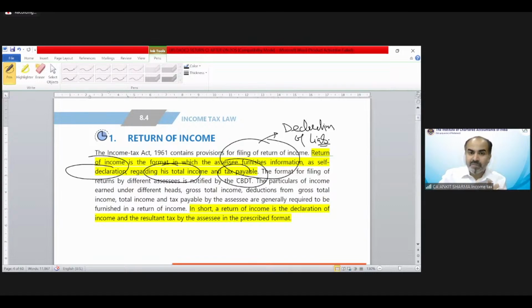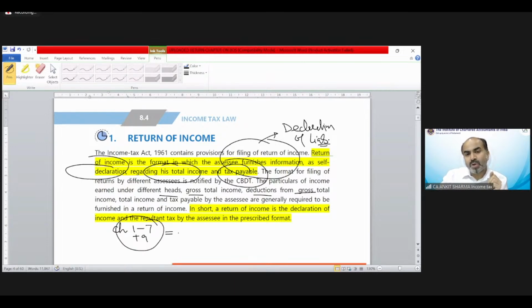The format for filing of return by different assessees is notified by CBDT. The particulars of income earned under different heads, GTI, deductions, and gross total income, as I explained at the start of this class, are chapter number 1 to 7 plus chapter number 9.